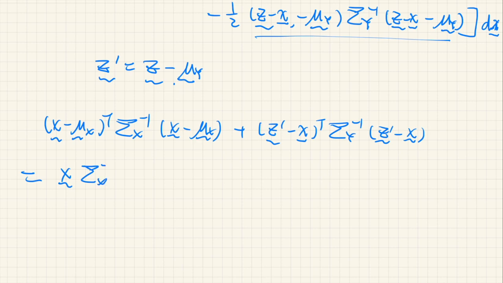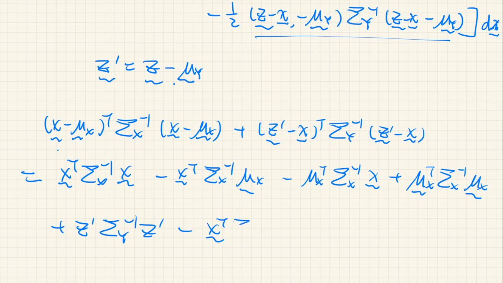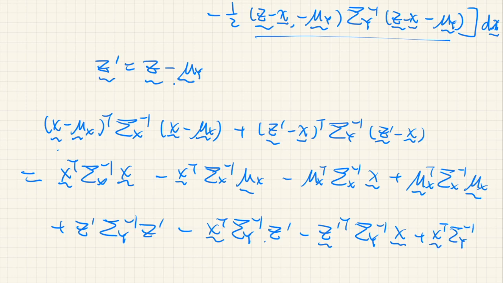x transpose sigma x inverse mu x, and this is negative, and mu x transpose x plus mu x transpose sigma x inverse mu x, and z prime transpose sigma y inverse z prime minus x transpose sigma y inverse z prime minus z prime transpose sigma y inverse x plus x transpose x.